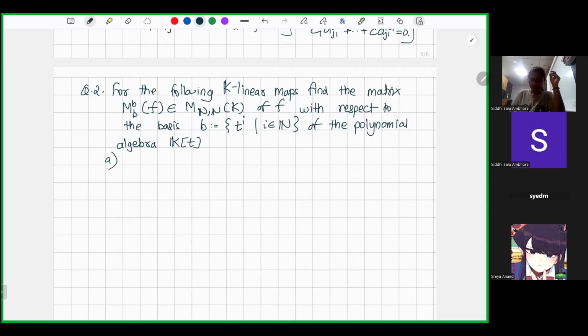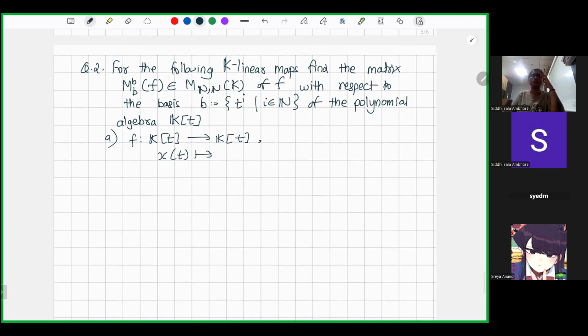And these are the maps. First, F from K[t] to K[t] such that x(t) goes to x-dot(t). Don't be confused, it is just the way they have expressed the polynomial. So x(t) goes to x-dot(t), which is just the derivative with respect to t.